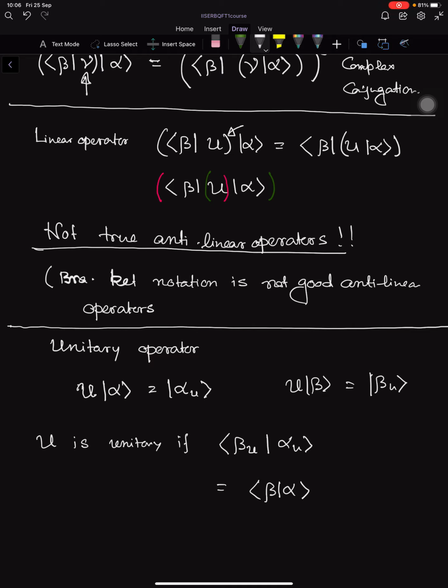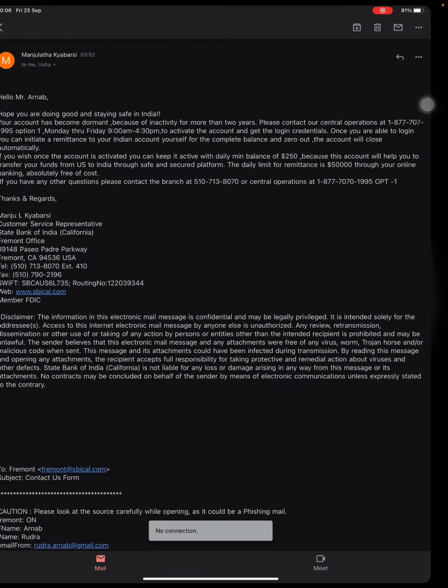Which means if I have a dot product between two vectors, one bra and one ket, and if u works on both the bra and the ket, then it doesn't change the inner product.